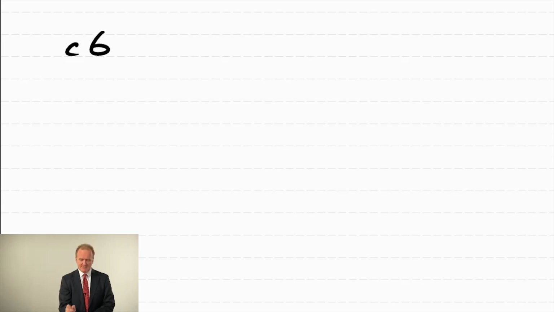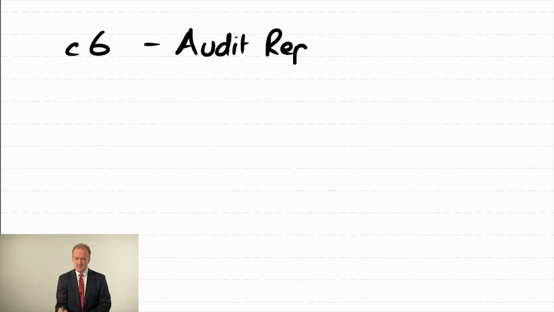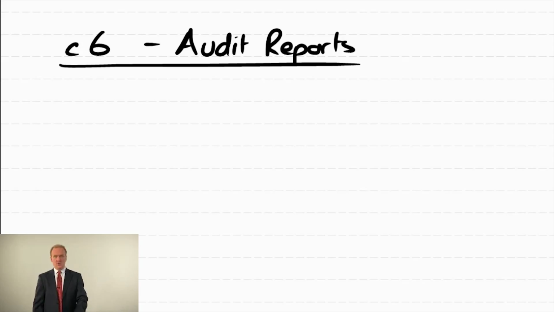So we're looking at chapter 6 of the class notes, and we are looking at the main subject of that chapter, which is audit reports. And as we saw on Friday, 2 basic styles of question. They both rely on the same knowledge, which is you need to know what an audit report looks like in terms of content, structure, the order of events.